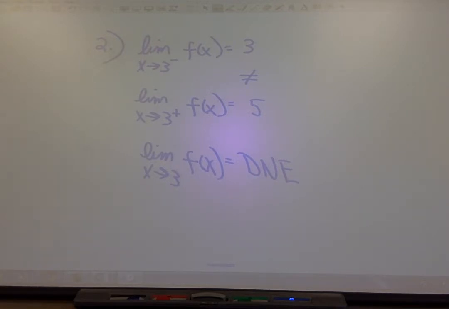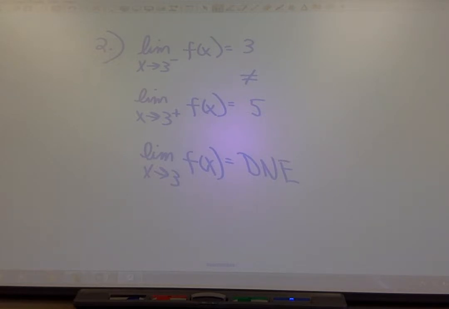What would you say about number 4? What's the left-hand limit as you get close to 1? 3. What's the right-hand limit in number 4? 3. What's the limit as x approaches 1? It's 3. It's the same, isn't it? They approach the same number. That's easy, isn't it? Nice? Okay.